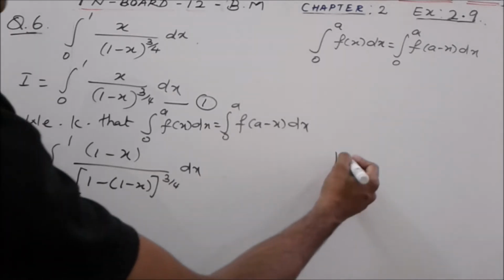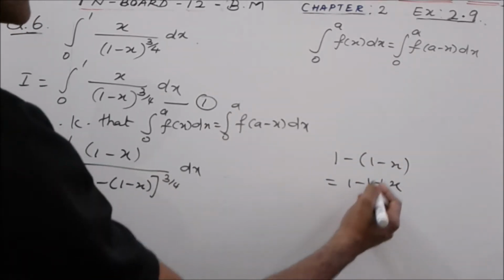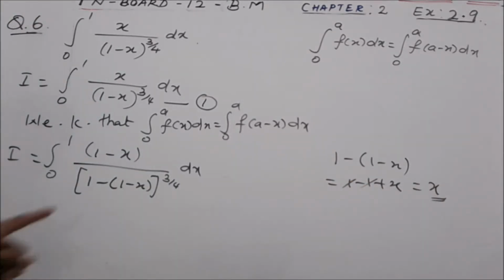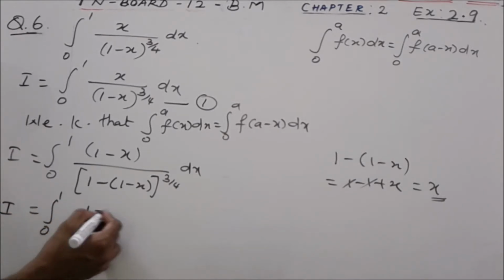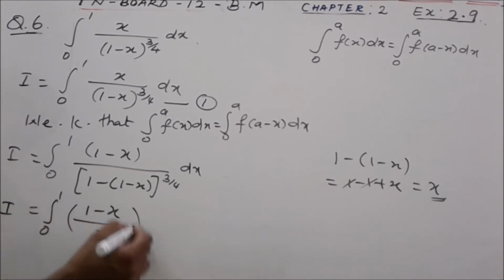The denominator is x power 3 by 4 now. So I equal to integral 0 to 1 of (1 minus x) by x power 3 by 4 into dx.